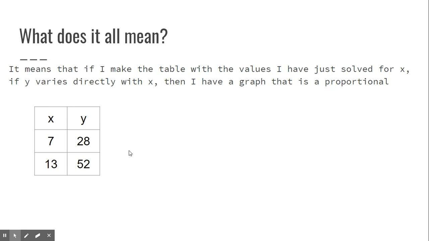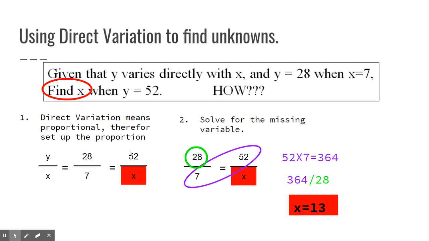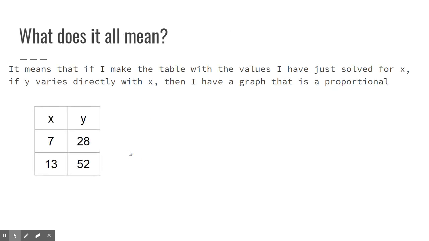If I have the points 7 and 28, 13 and 52, which is what I just solved for. In the other question it said y was 28 when x is 7, so I put 7, 28, and then I solved for 13 and 52. So all I did was put the values into the table like we've always seen. All right, so how do I know that that's proportional?